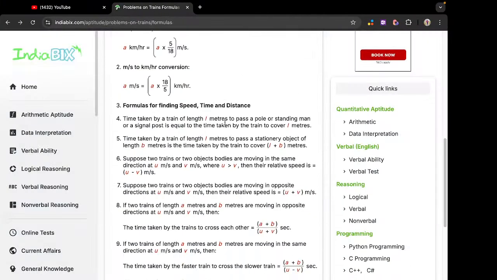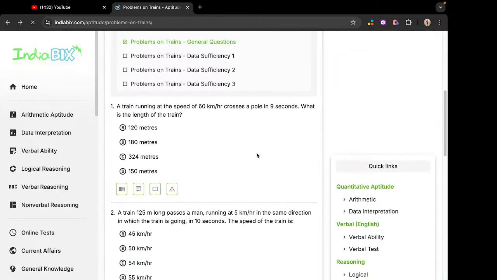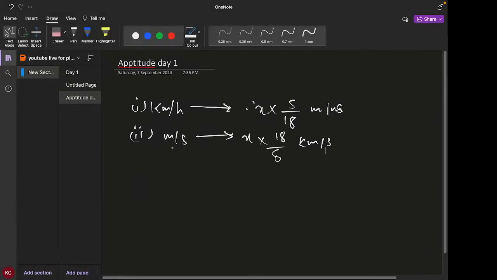So here's the video, here's the question. A train running at 60 kilometers. The first question will be: train speed is equal to 60 kilometer per hour.